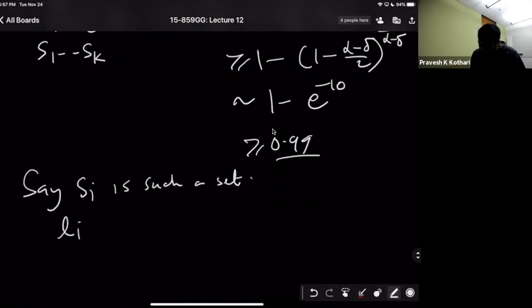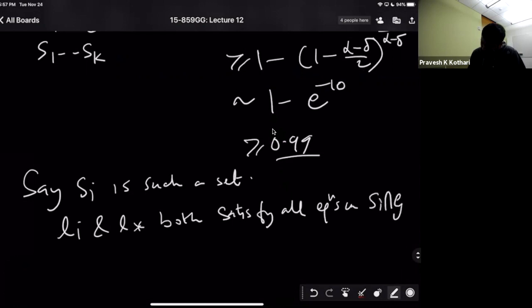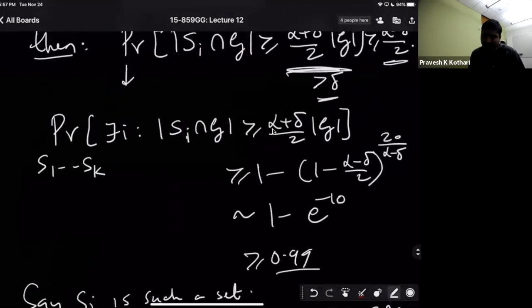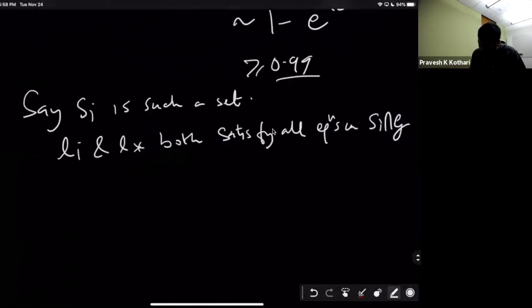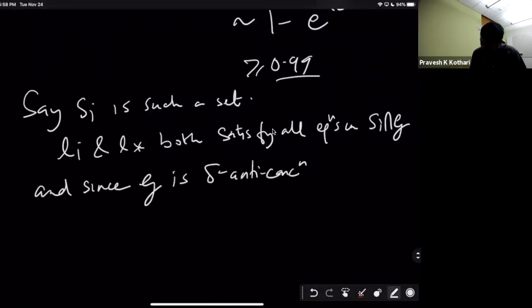Then Li and L star both satisfy all equations in Si ∩ G. This is a set of size strictly bigger than delta times the size of G, because alpha plus delta by 2 is bigger than delta, and since G is delta anti-concentrated, it means that Li equals L star.